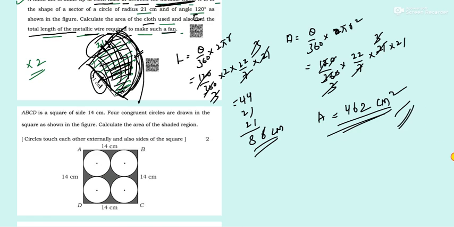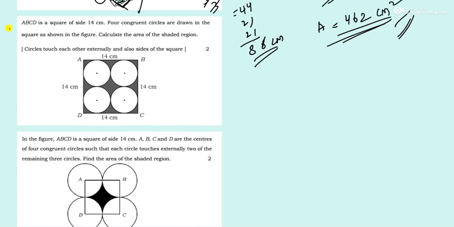Moving to the next question. ABCD is a square of side 14. Again, 4 congruent circles are drawn as shown. Calculate the area of shaded region. So it is 14 square, area of square minus 4 into area of the circles, pi r square. Correct?